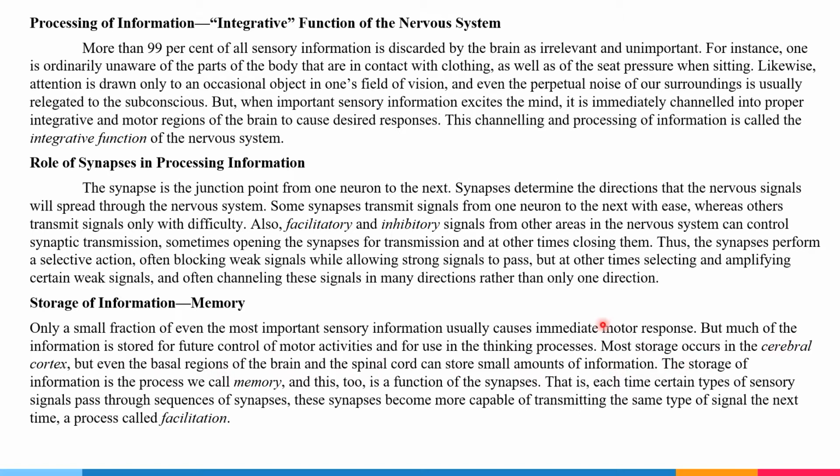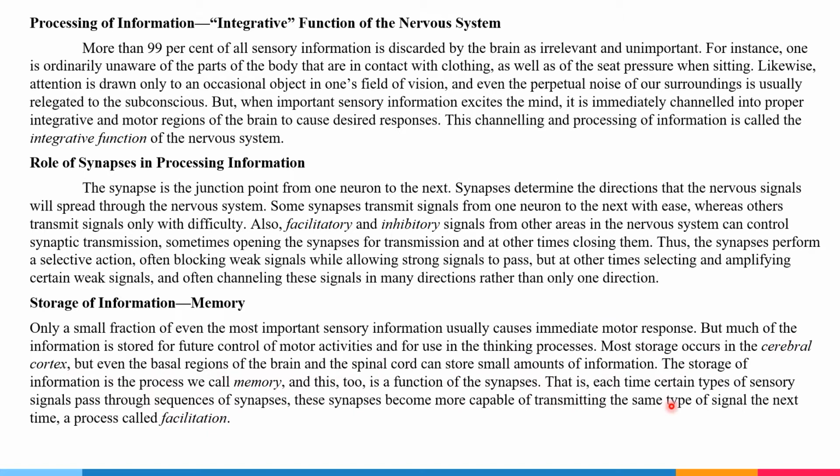Most storage occurs in the cerebral cortex, but even the basal regions of the brain and the spinal cord can store small amounts of information. The storage of information is the process we call memory, and this too is a function of synapses.